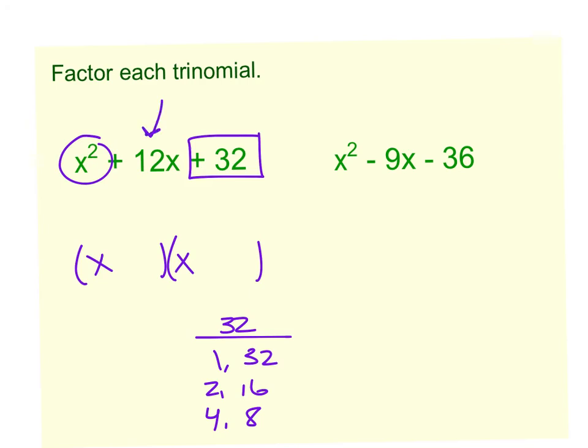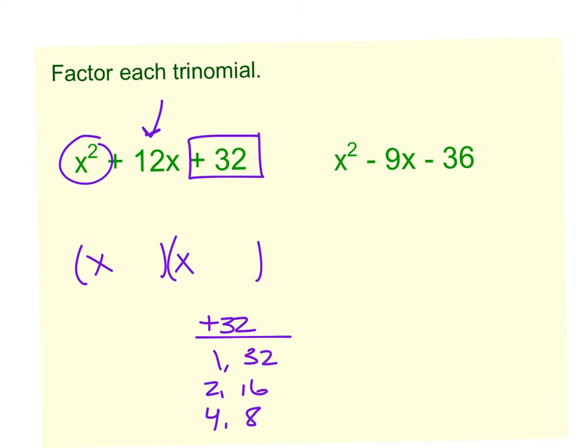Now let's talk about those rules for the signs for a minute. 32 is positive, so how do we get a positive answer when we multiply? Positive 1 times positive 32 is 32. So all your factors are positive, or they could all be negative. If I had a negative 1 and a negative 32, that would still give us a positive 32.